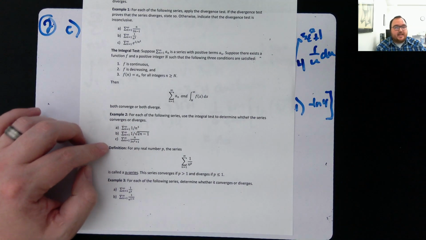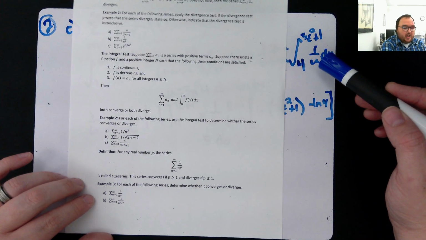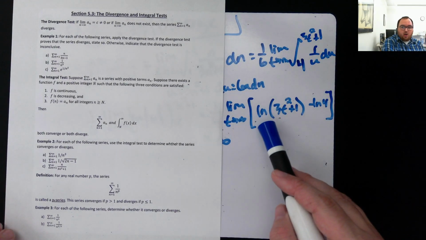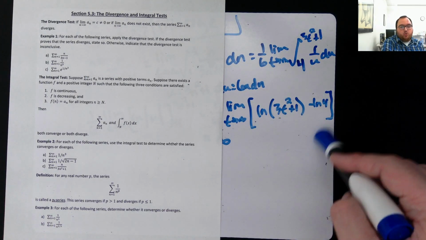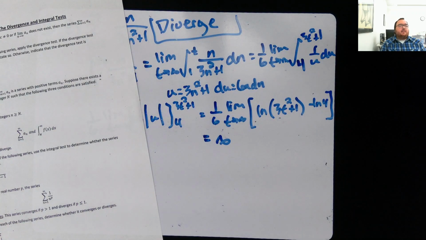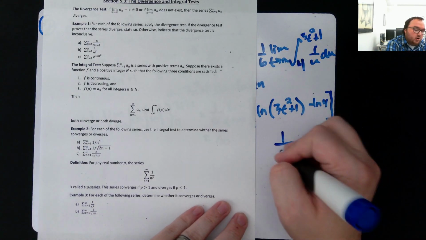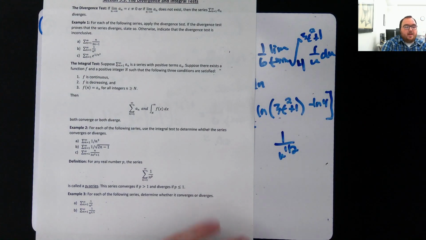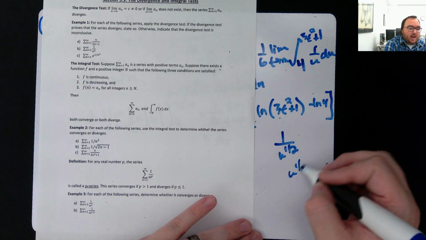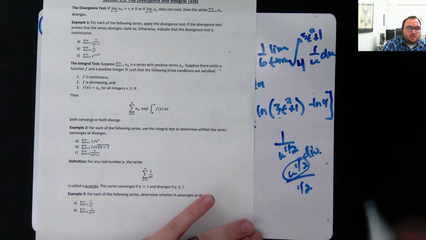Whereas in example C right here, I had 1 over u to the first, which gave me the natural log, which is going to just grow and grow and grow. So it diverged. Same thing with example B. I had 1 over u to the 1/2, which meant I brought it up to u to the 1/2 over 1/2, which again made this diverge.